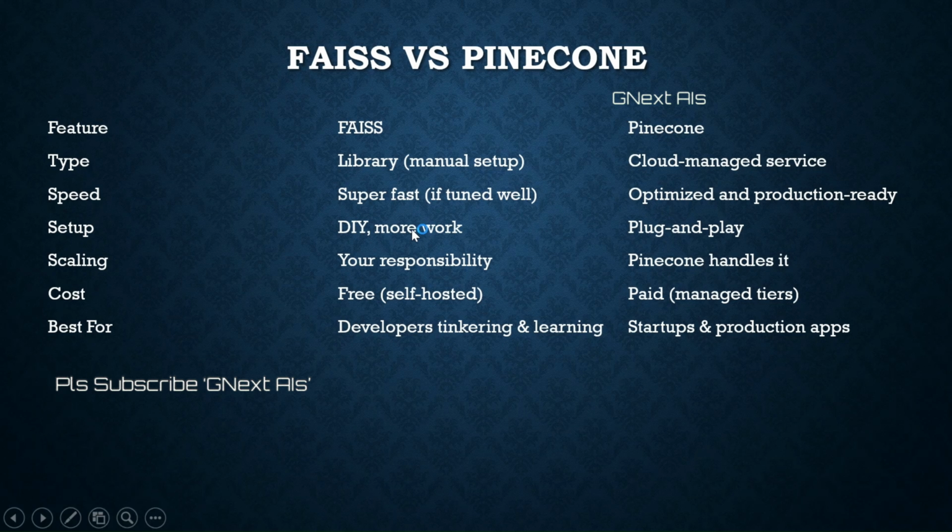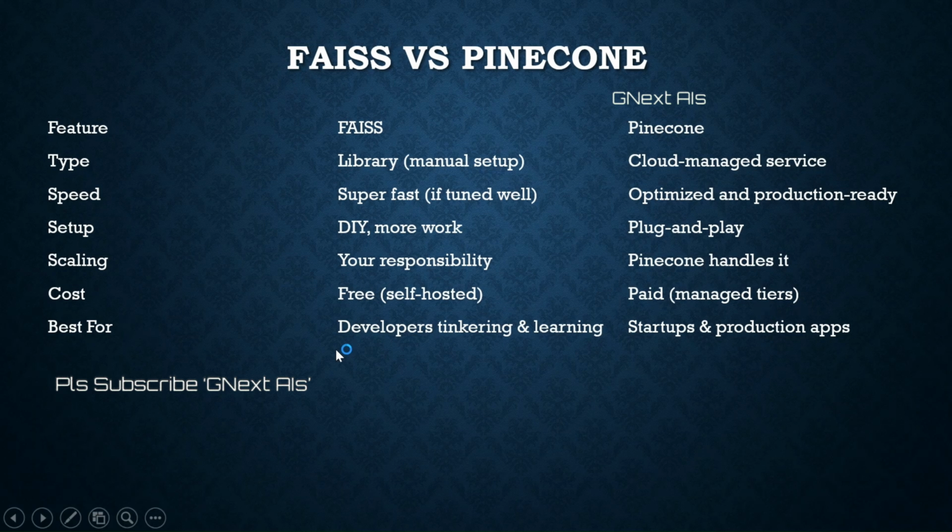Setup is DIY, more work, for FAISS, and Pinecone is plug and play. Scaling is your responsibility for FAISS, and Pinecone handles it as it is cloud based. On cost, FAISS from Meta is free and self-hosted, but Pinecone is paid, with managed tiers.